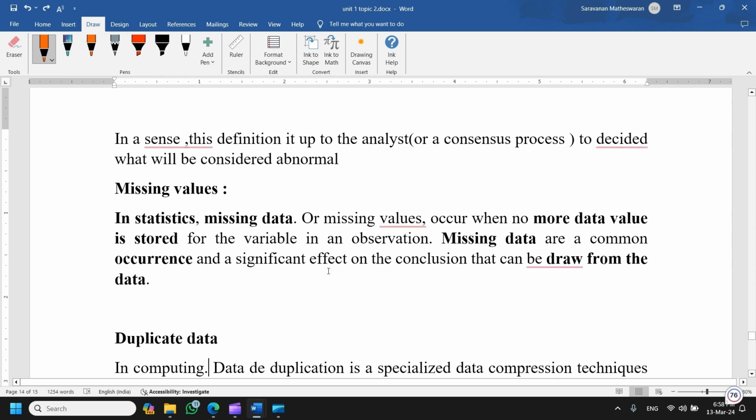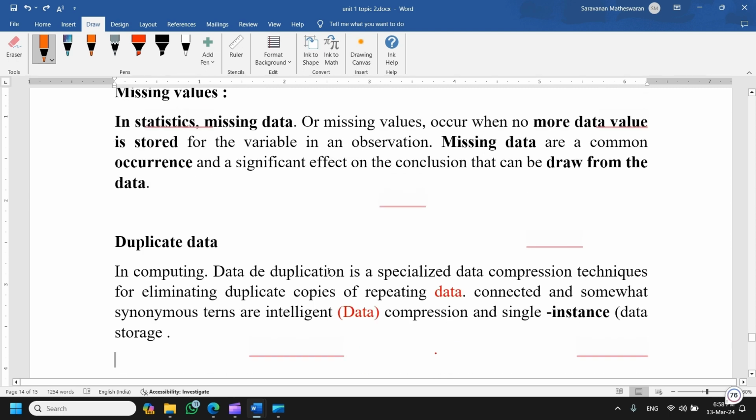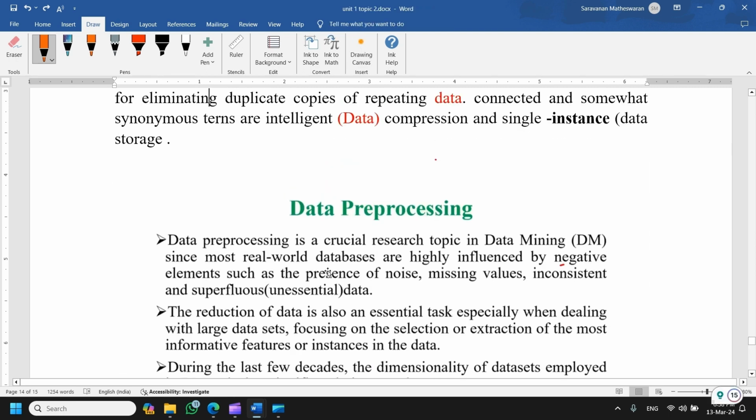Missing data in statistics means no data value is stored for a variable in an observation. Missing data is a common occurrence, and it affects the conclusions drawn from the data. Missing values create problems when I build a data model. Duplicate data also creates problems. Some data will be missed or repeated, so we cannot calculate the exact value.